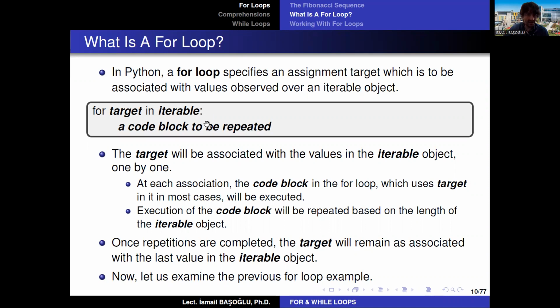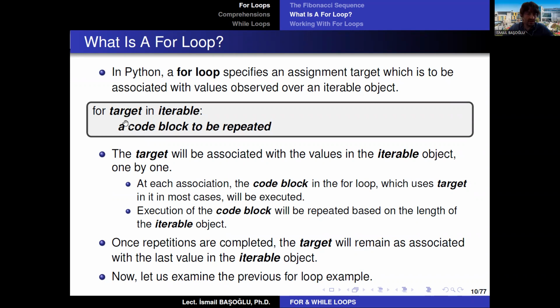Then we have a colon sign here, which is an important semantics for a for loop. After the colon sign, we have an indented code block, which may consist of multiple command lines. That code block is going to be repeated again and again until the assignment target has been associated with each element in the iterable object.